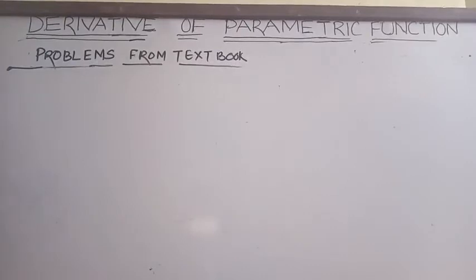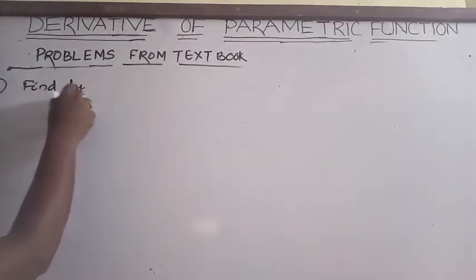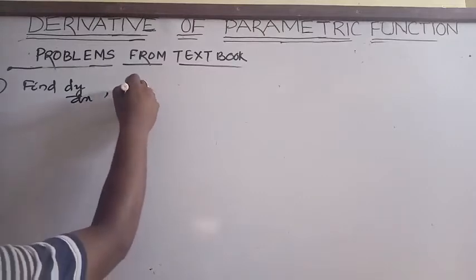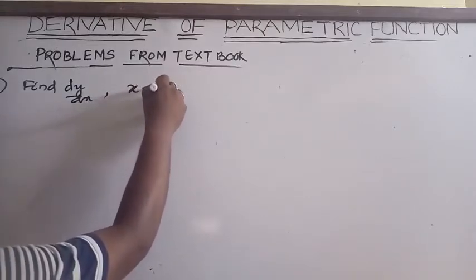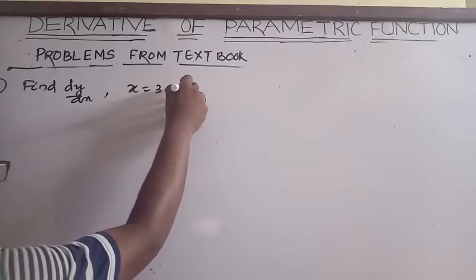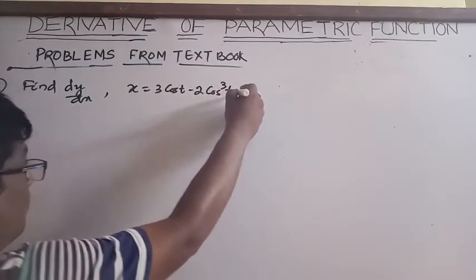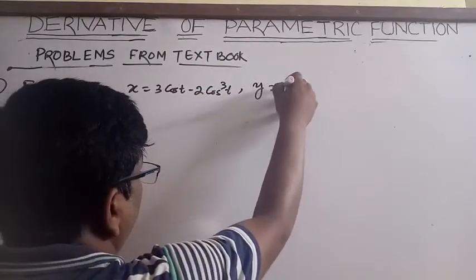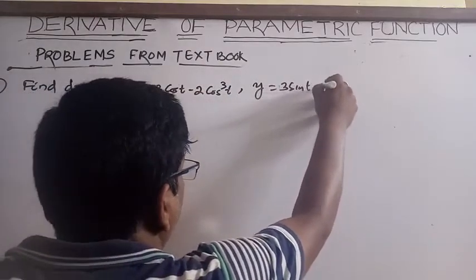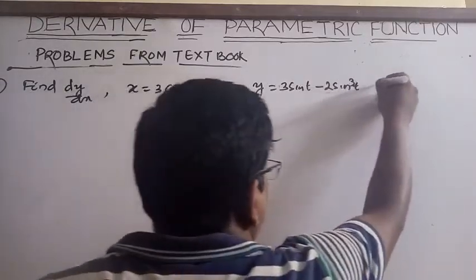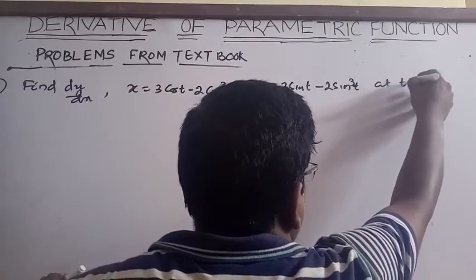Find dy by dx, if x is equal to 3 cos t minus 2 cos cube t and y is equal to 3 sin t minus 2 sin cube t, at t equal to pi by 4.